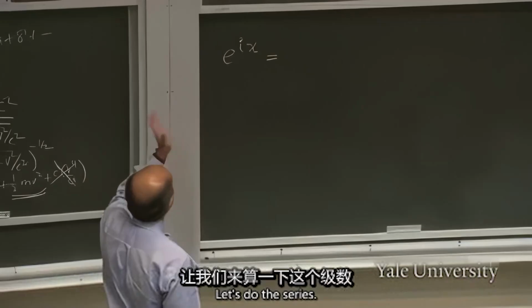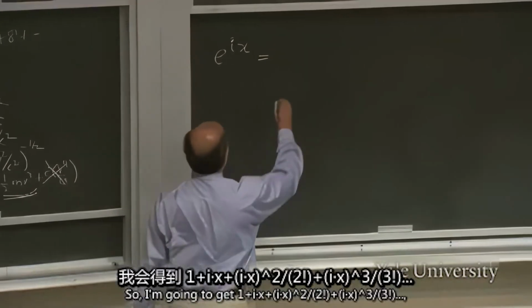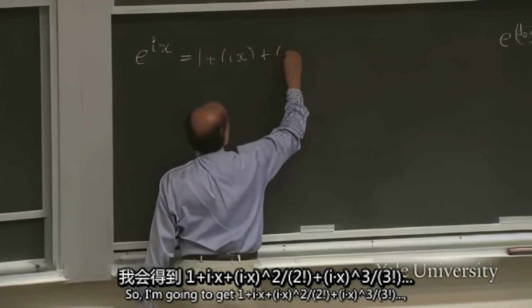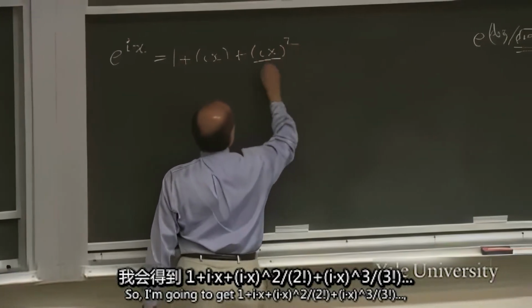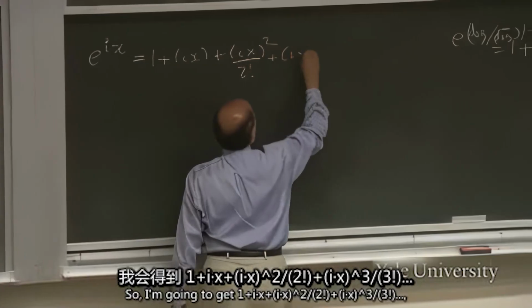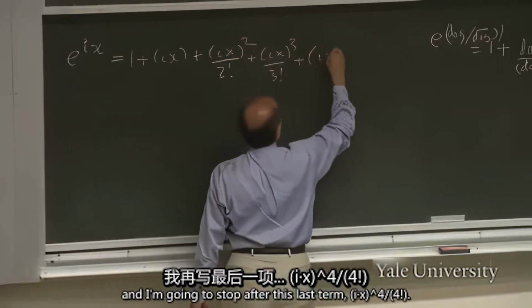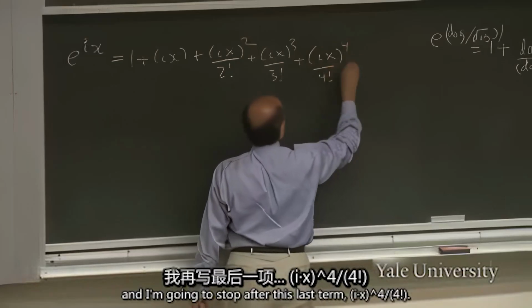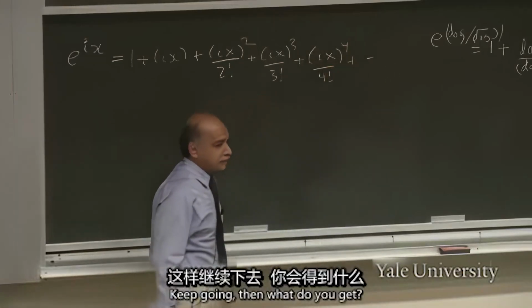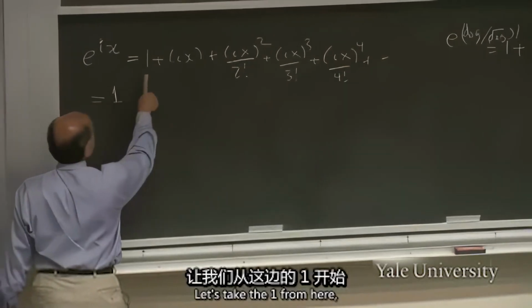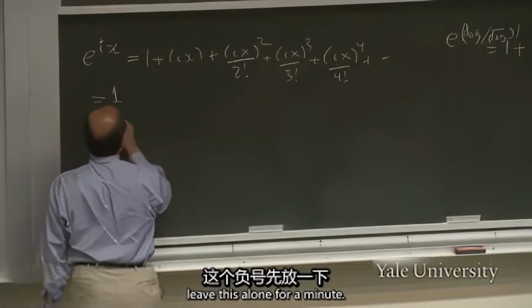Well, let's do the series, okay? So I'm going to get 1 plus ix, plus ix squared over 2 factorial, plus ix cubed over 3 factorial, and I'm going to stop after this last term, ix to the 4th over 4 factorial. Keep going. Then what do you get? Let's take the 1 from here. Leave this alone for a minute.